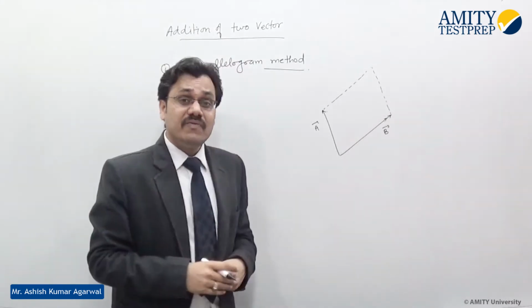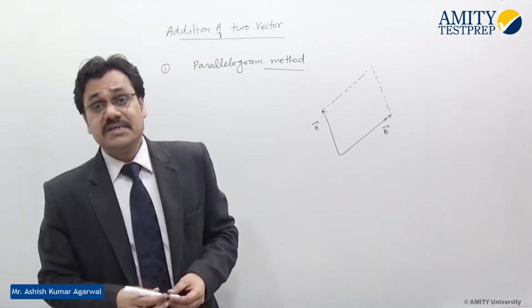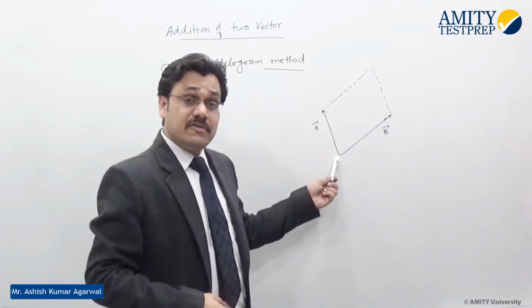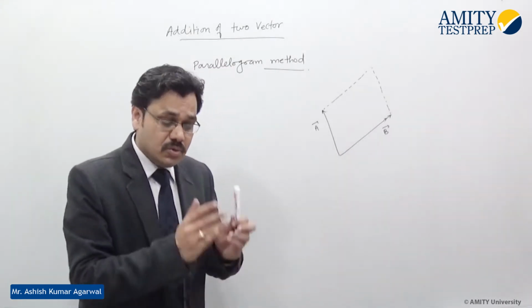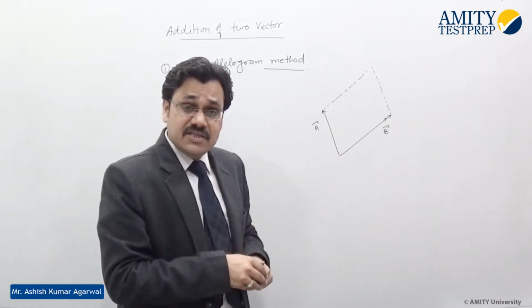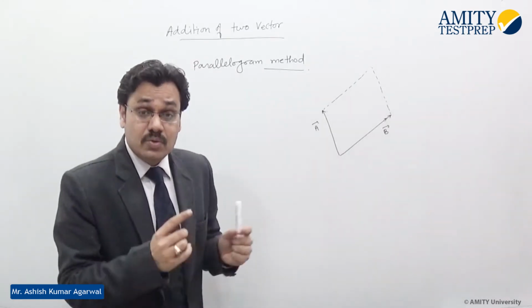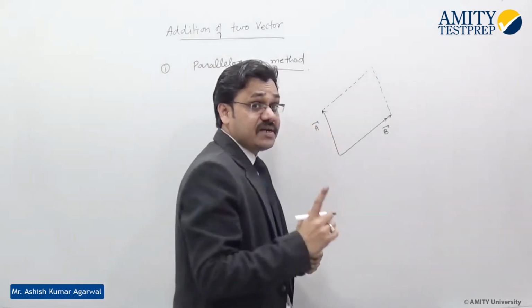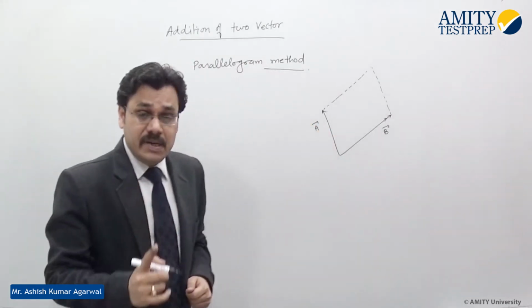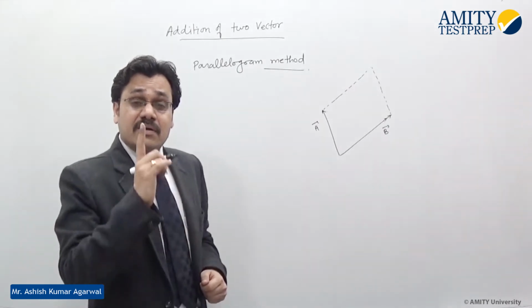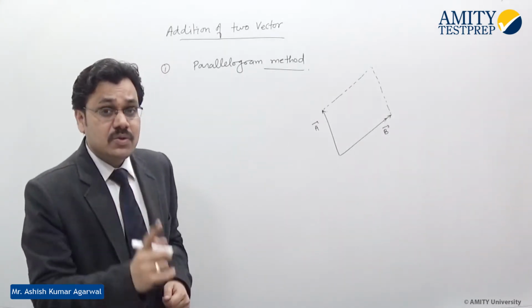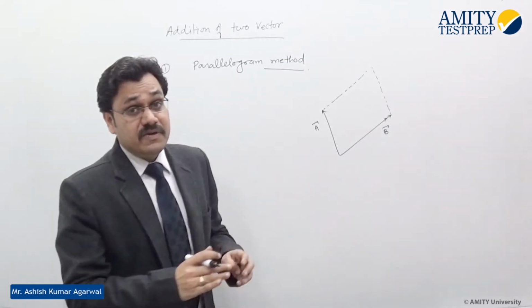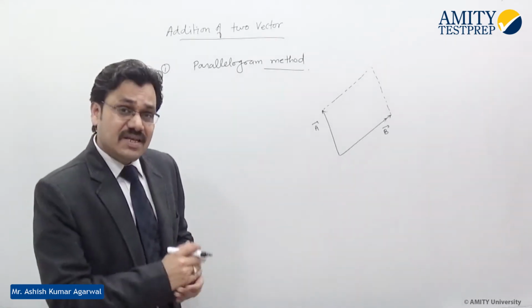I have already told you, when you find the resultant, if you want to find the angle, you have to make it co-initial. So if you are making adjacent sides, you have to make two co-initial adjacent sides. The resultant of these two vectors A and B is the diagonal which is also co-initial, from which the two vectors originate.